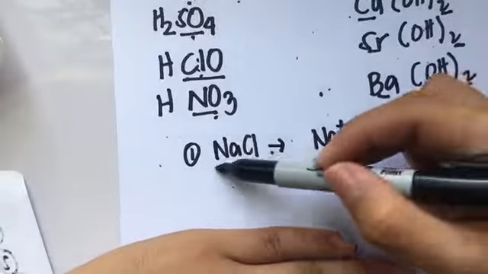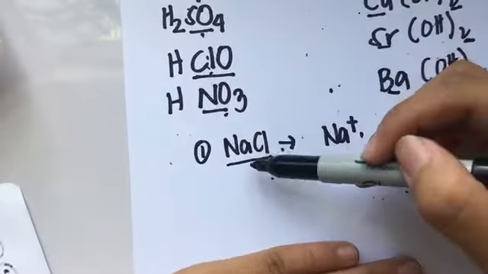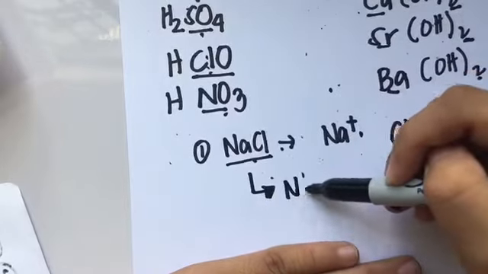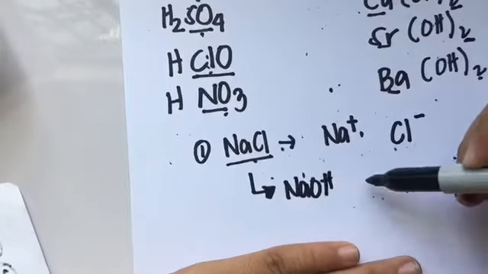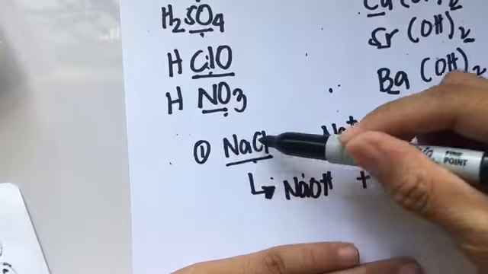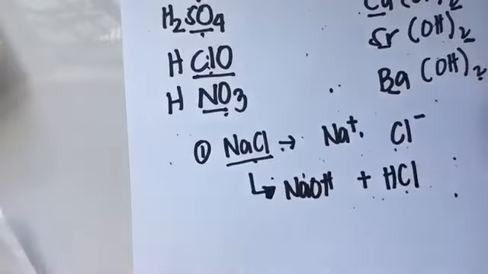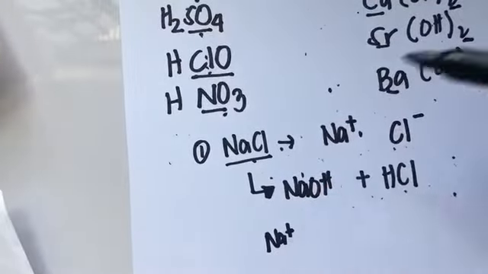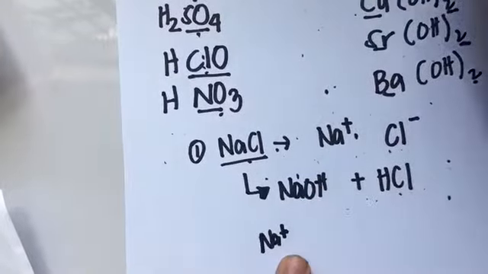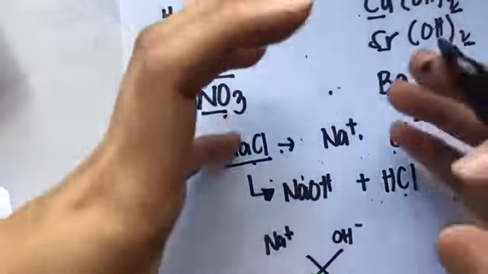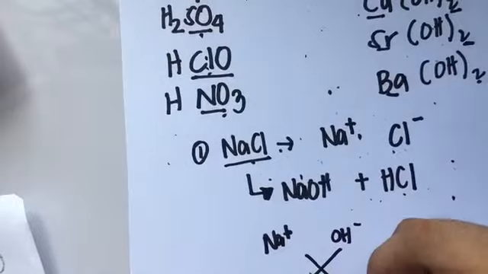So, ang salt na to, masasabi natin na nanggaling siya from NaOH at from HCl. Paano ko nasabi yon? Kasi ang Na, di ba, is may charge na positive, ang OH is may charge na negative. That's why they complement each other, kaya magiging NaOH.